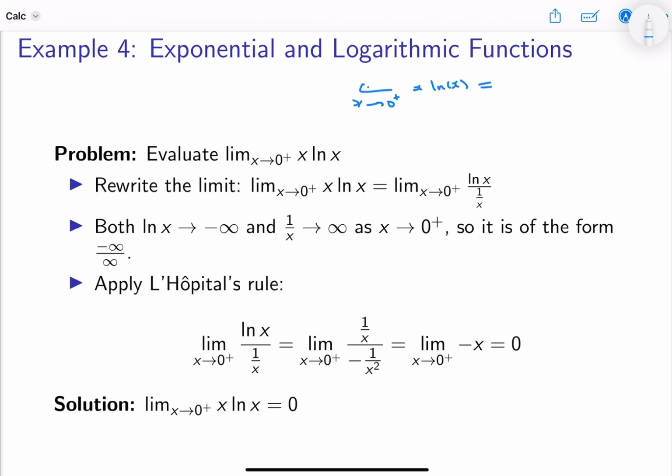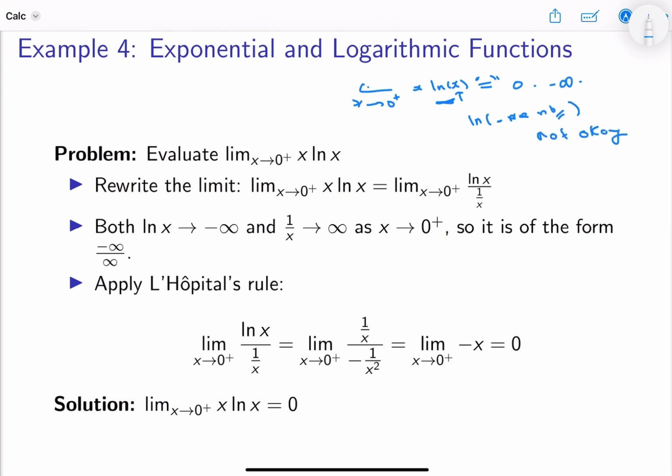So it's important here to see that this has the form 0 times negative infinity, and thus we cannot directly apply L'Hopital's rule because it doesn't have the form 0 over 0 or infinity over infinity. And I remind you, the logarithm takes only positive values. You can't evaluate the logarithm at a negative number. This is not okay.